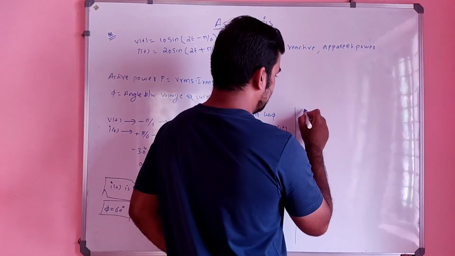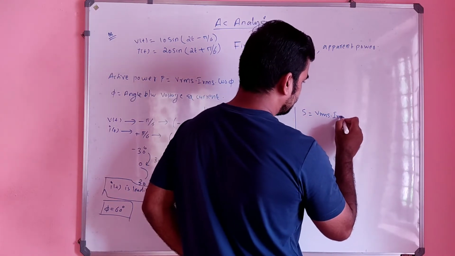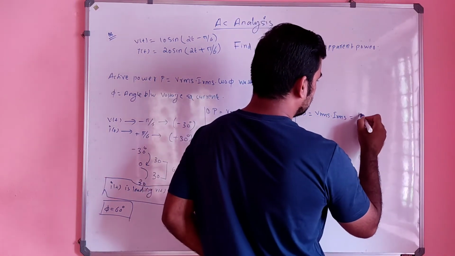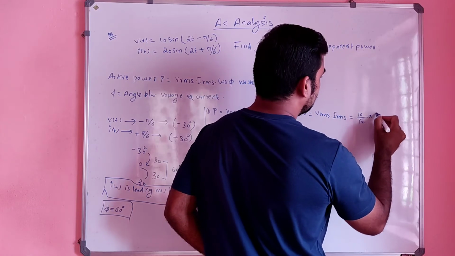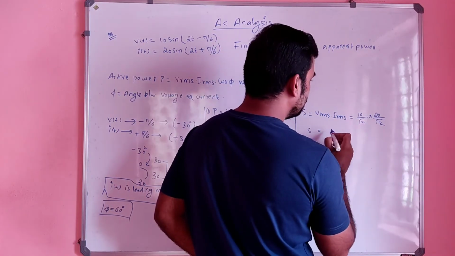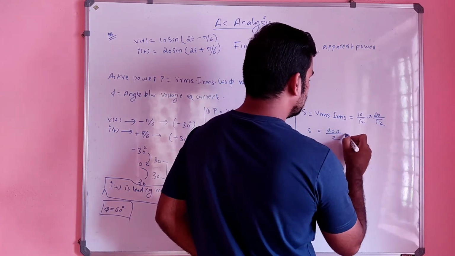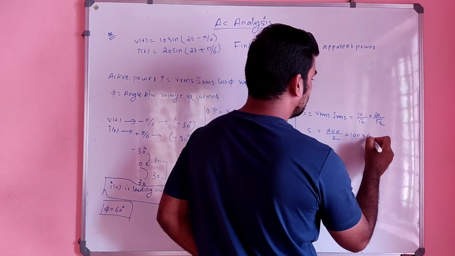And what is apparent power? Simply Vrms into Irms. It is nothing but 10 by root 2 into 20 by root 2, correct? It will be equal to 200 by 2, which is equal to 100 volt ampere.